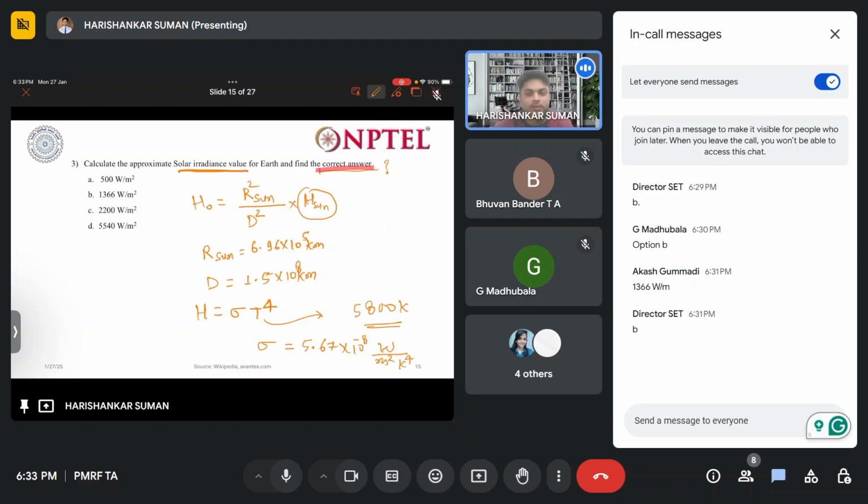You have 2 minutes for this question. Please solve. B option is correct, but please solve to see if you are able or not.